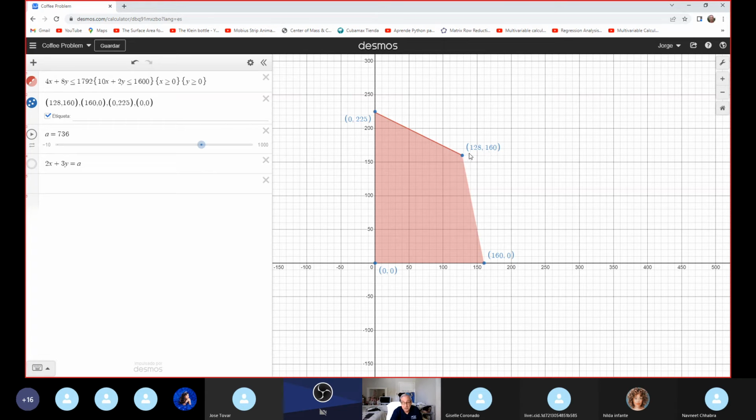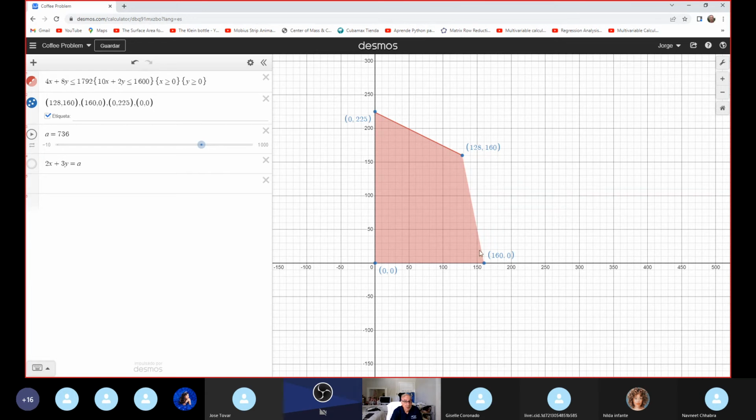Okay, and this gives me the money. Sorry, I make a mistake here. X is economic, and Y is superior. 225 superior, 128 economy and 160 superior, or 160 economy and 0 superior.